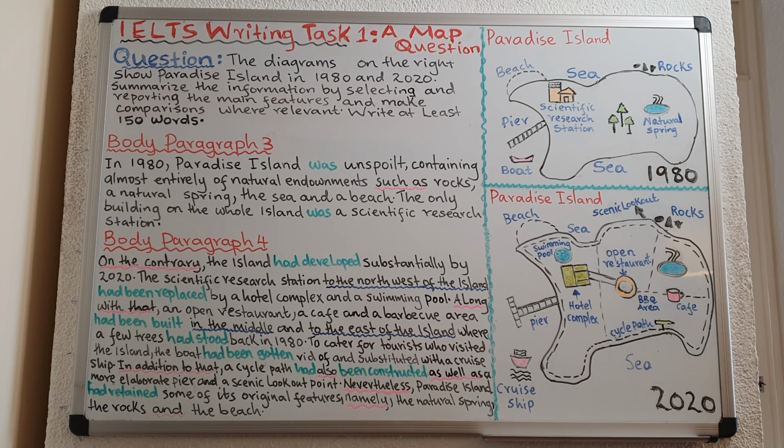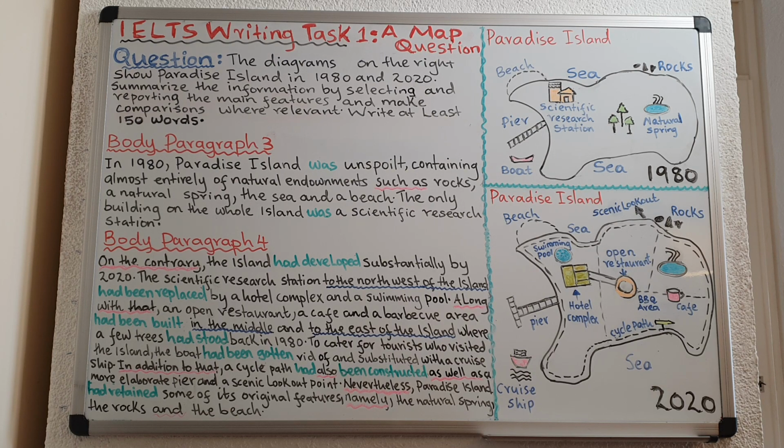The island had developed. Take note of the tense that I am using. I am using the past perfect tense. On the contrary, the island had developed substantially by 2020.